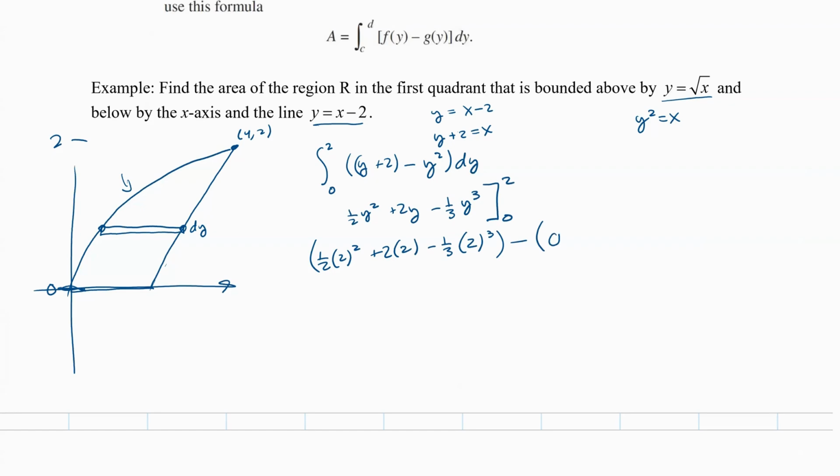At the low end, I get 0 plus 0 minus 0. Can ignore a bunch of that. 1/2 of 4 is 2, plus 4, and then minus 8 thirds. So 6 minus 8 thirds, common denominator of 3. How about 18 thirds minus 8 thirds is equal to 10 thirds?